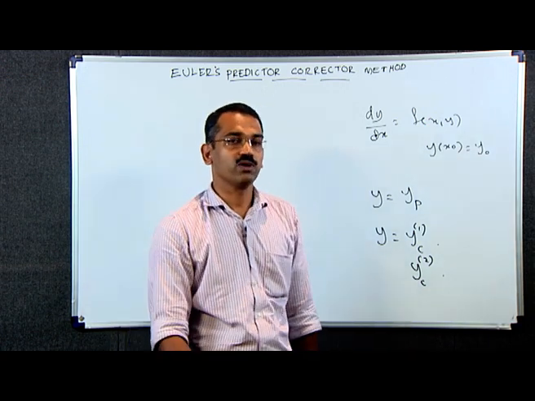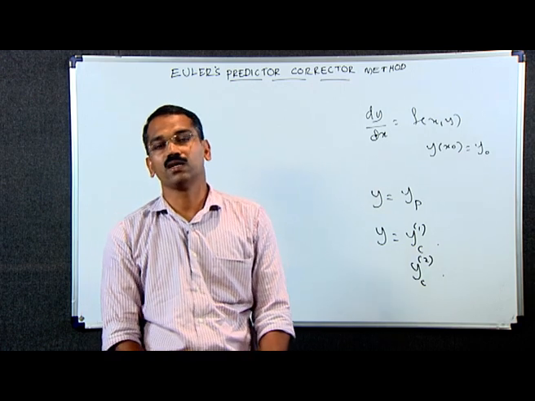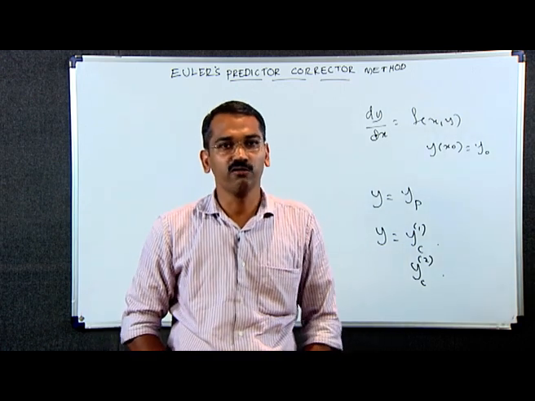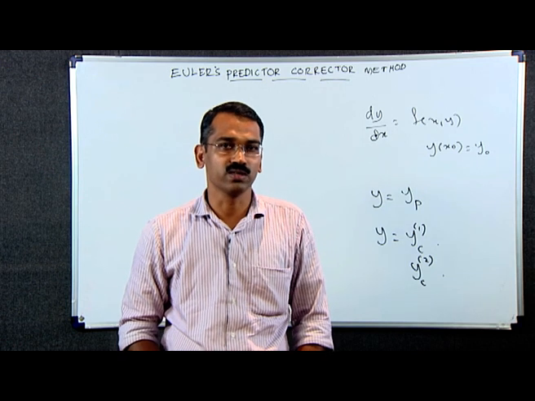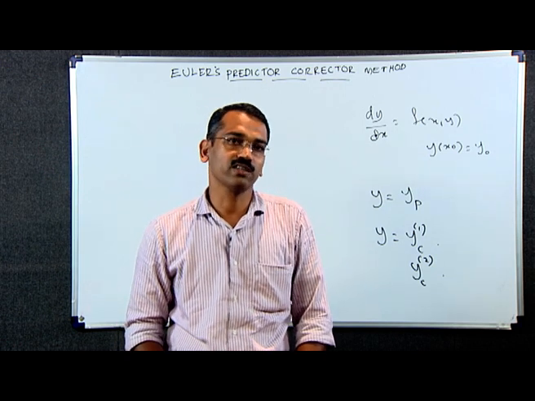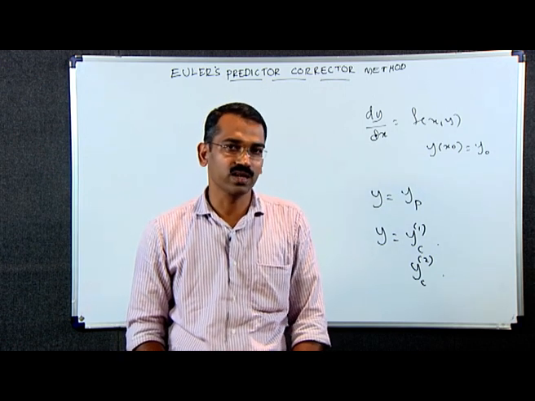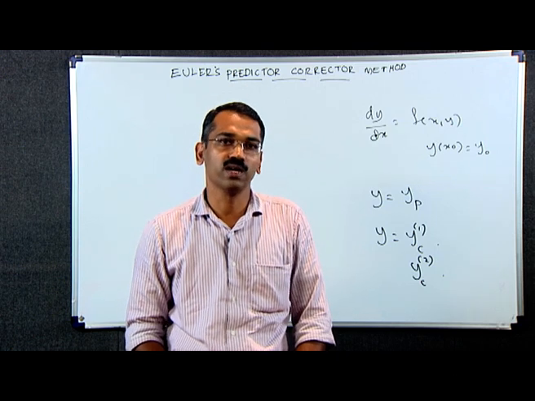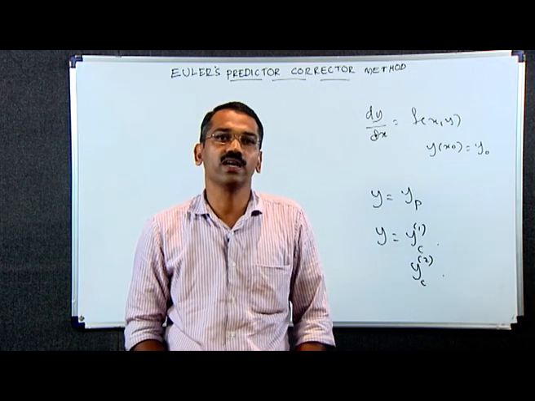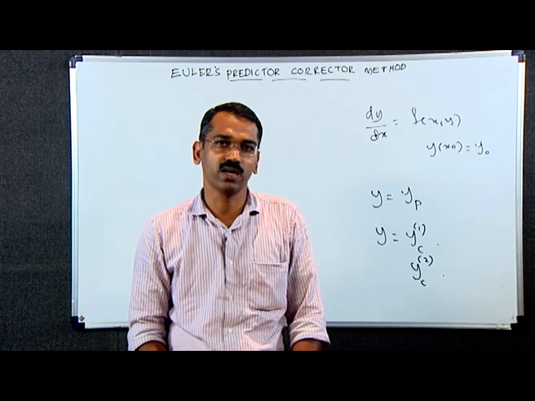Usually, the predictor formula and the corrector formula in any combination will have errors of the same order. However, a corrector formula is generally more accurate than a predictor formula, as the coefficient in the error term of the corrector formula is smaller.